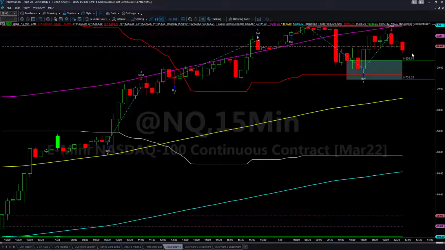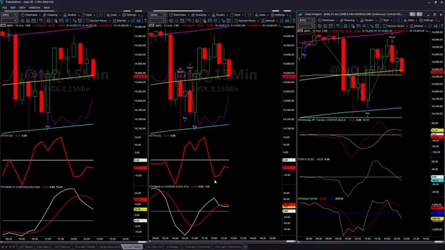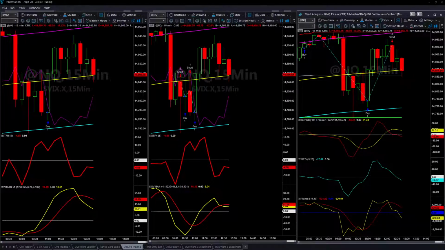And right now I'm short again, 2 contracts right here on this bar. Let me just go back here. I'm playing around with the settings on these right now because I don't think the settings are right on this one right here.